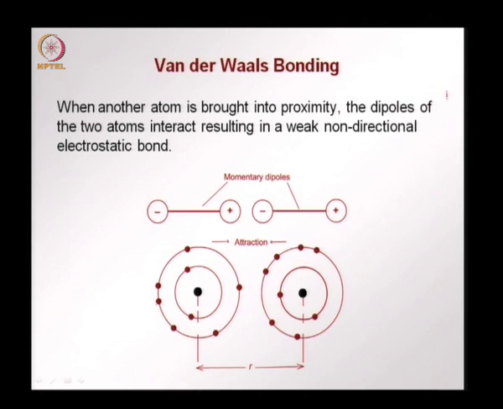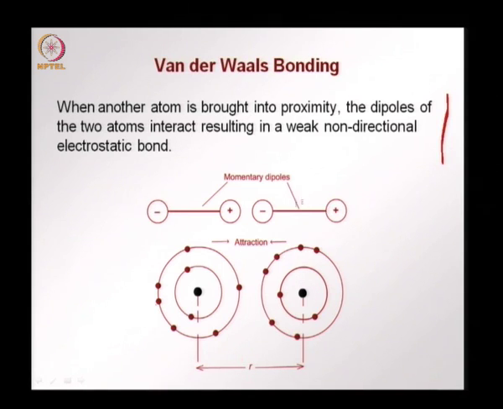So, as we have said here, when two atoms are brought into proximity, that means when they come close to each other, the dipoles of the two atoms interact, resulting in a weak non-directional electrostatic bond. This is a weak bond and this again depends on the distance r between the two atoms that are interacting.